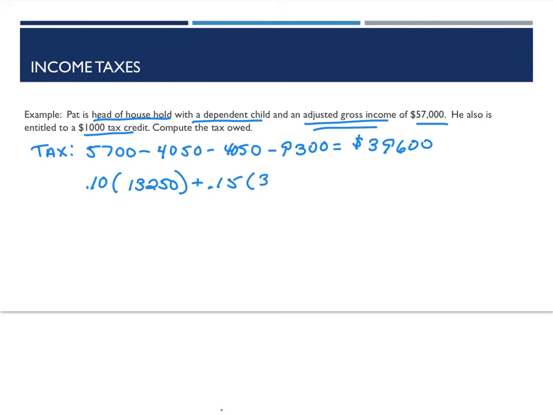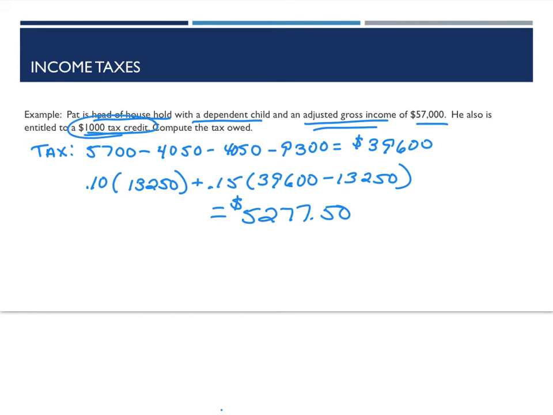He only went up to $39,600 minus $13,250 he already paid taxes on. When I do that, I end up with $5,277.50 is the amount of tax that he owes.